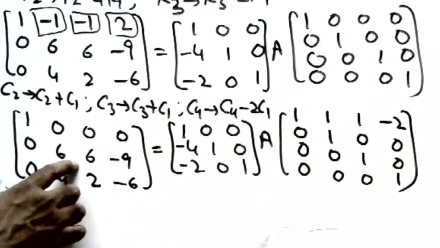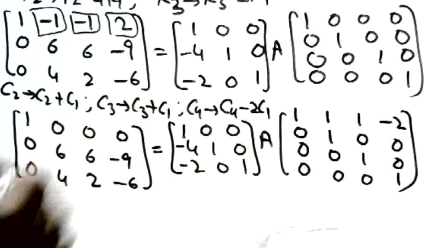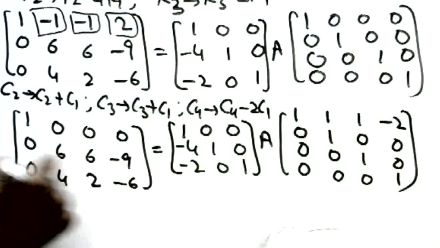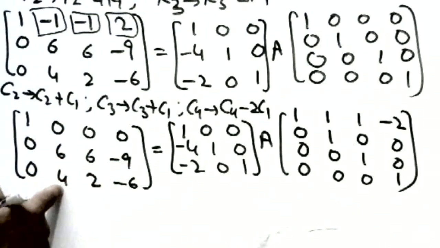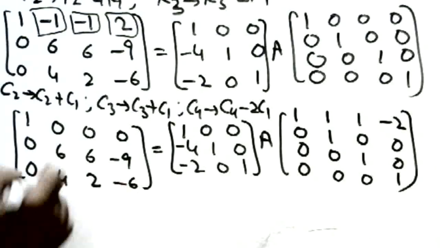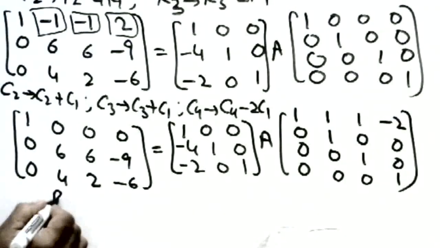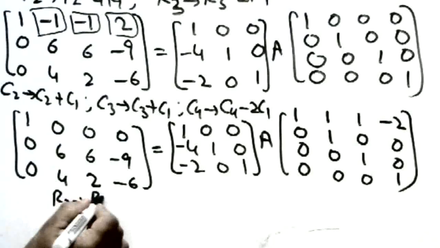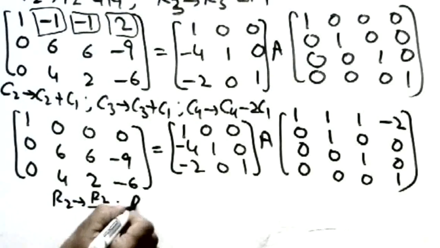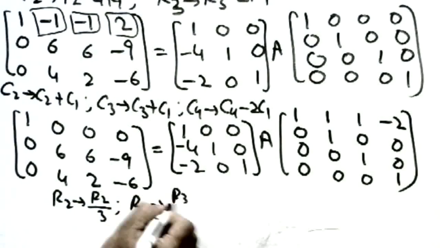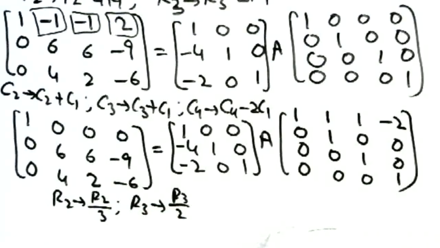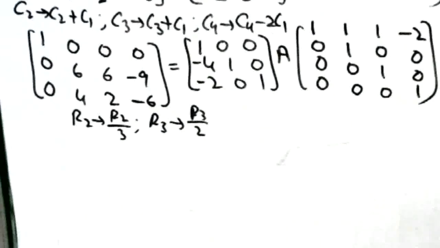So you can do it by solving fractions, or else we can do one more method. Okay, let us take common here. In this we can take 3 common, in this we can take 2 common. So I am writing like this: R2 implies R2 by 3, R3 implies R3 by 2.